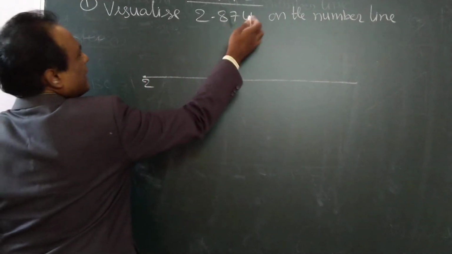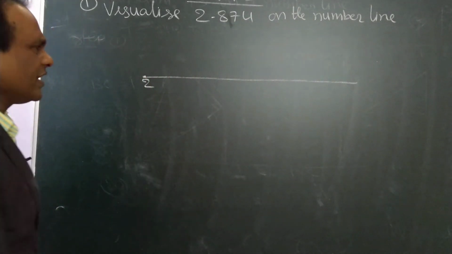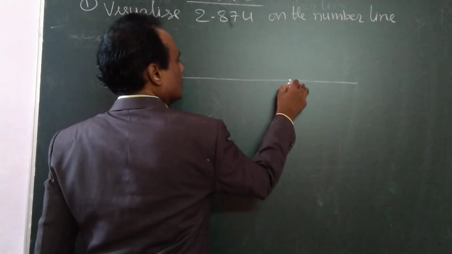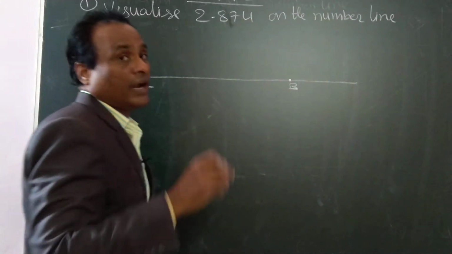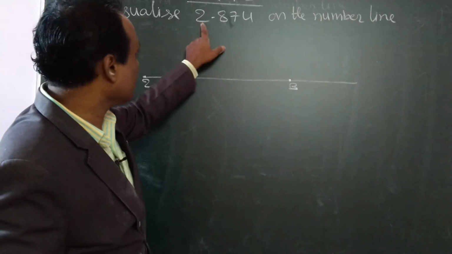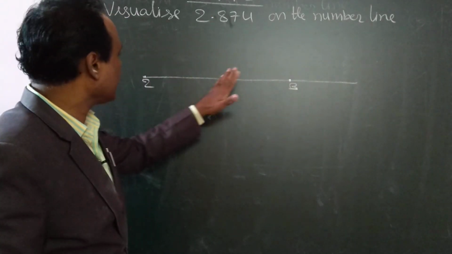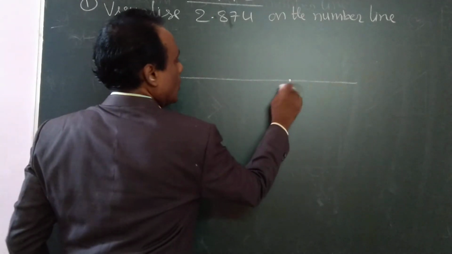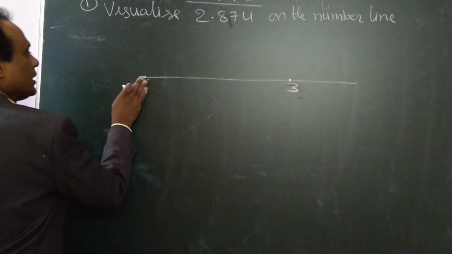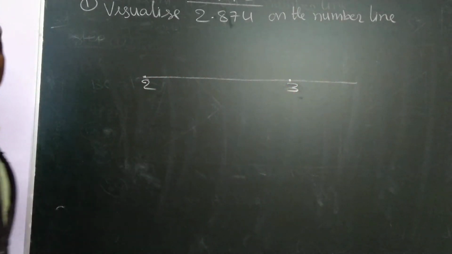First 2.8 anything means it will lie between 2 and 3. This is 2 point something, which means it will be greater than 2 and less than 3. See here, 2, 3. I took 2 and 3.